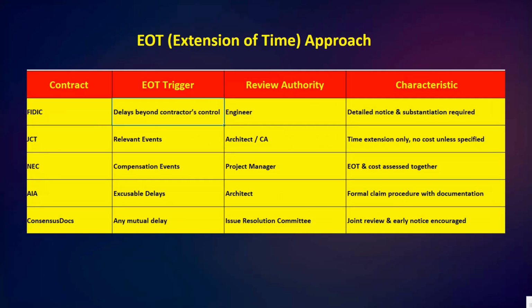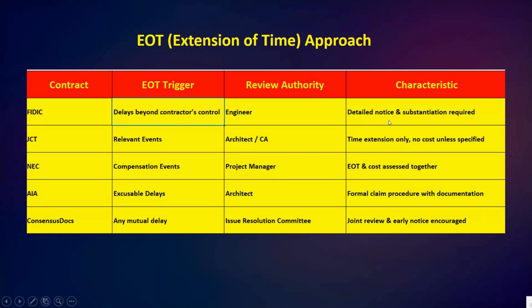Next, now let's compare how each contract deals with the extension of time. First is FIDIC. Under FIDIC, EOT is granted for delays beyond the contractor's control and is reviewed by the engineer with detailed notice.